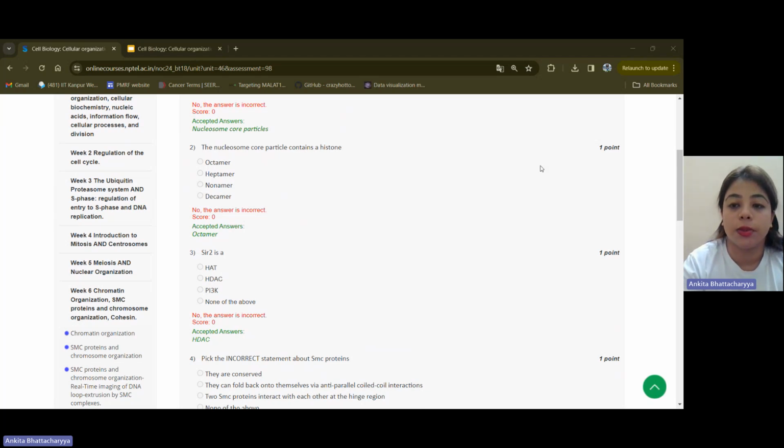Following this, the next question was about SIR2. SIR2 is a HAT, HDAC, PI3K, or none of the above. So HAT is histone acetyltransferase, HDAC is histone deacetylase, PI3K is PI3 kinase.